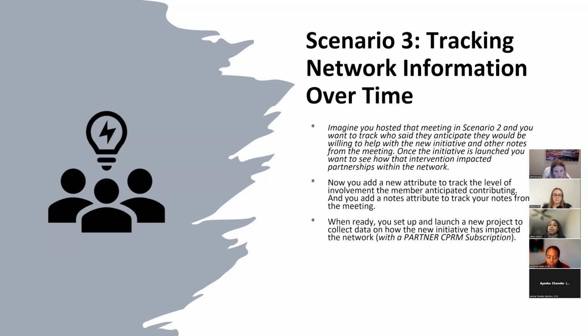So now you add a new attribute to track the level of involvement the member anticipated contributing, and you add a notes attribute to track your notes from that meeting. When ready, you set up and launch a new project to collect data on how the new initiative has impacted the network. And so that's with the partner CPRM subscription.